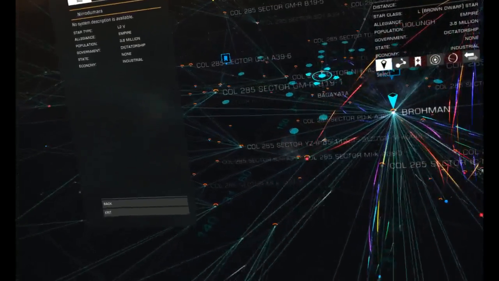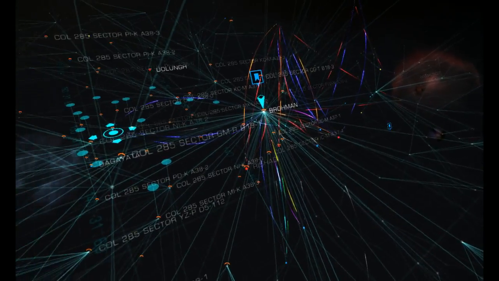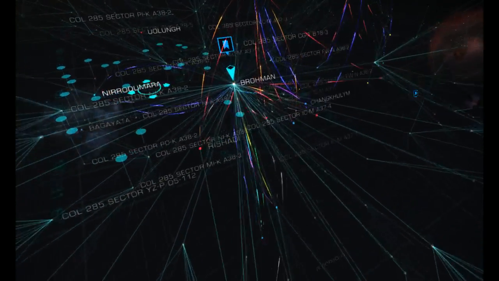Zameen Metrovale is the most powerful Imperial around at the moment.